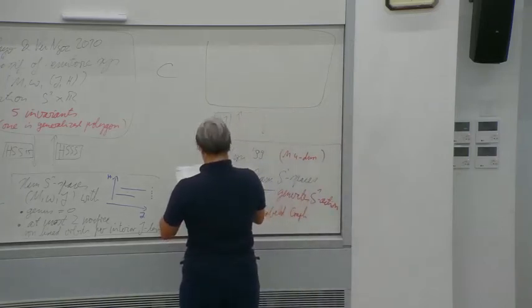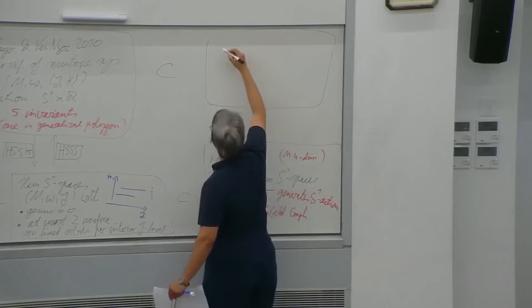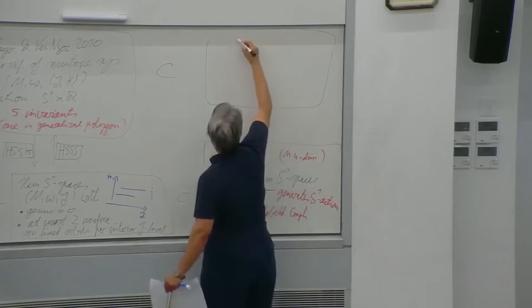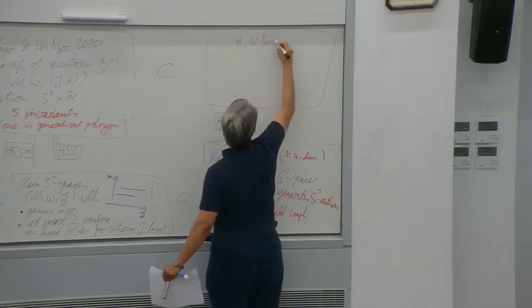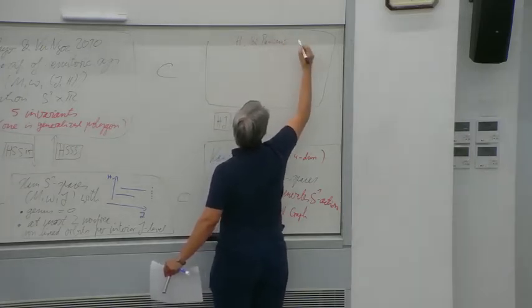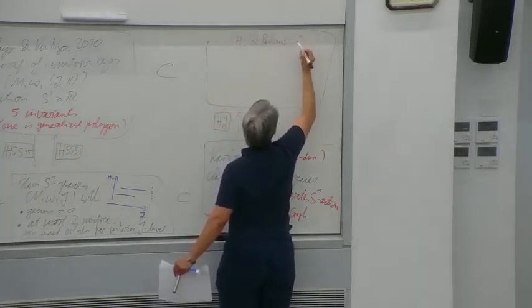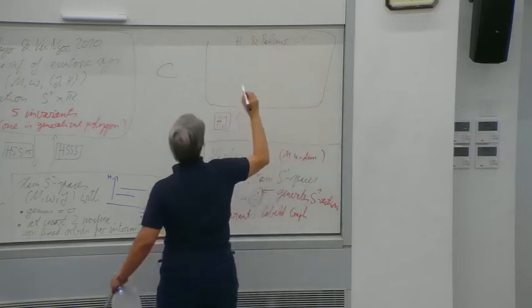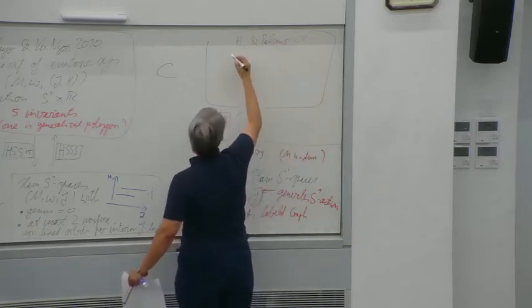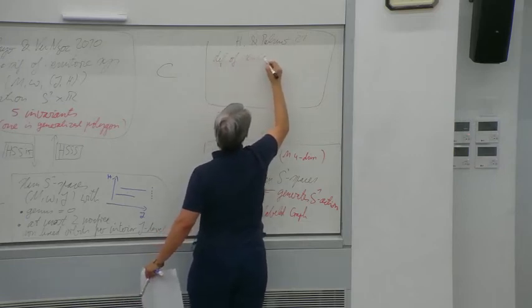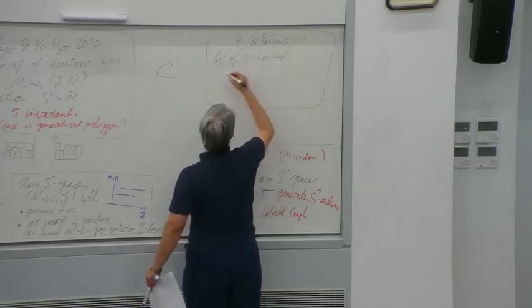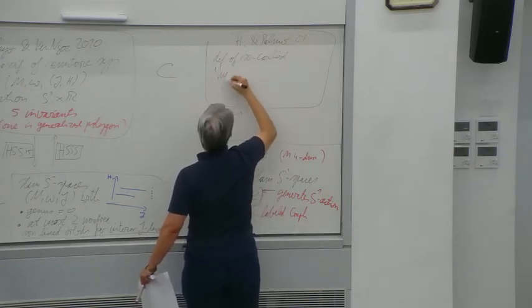But let me write down what we have here. Here we have the so-called definition 21 of so-called hypersymmetric systems.